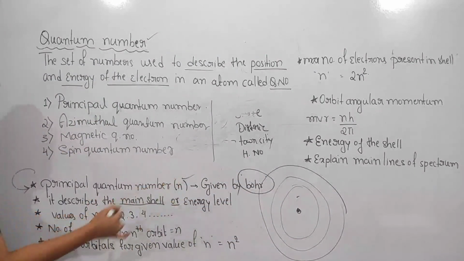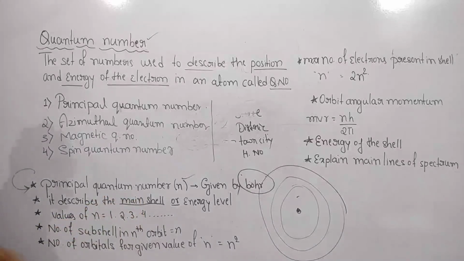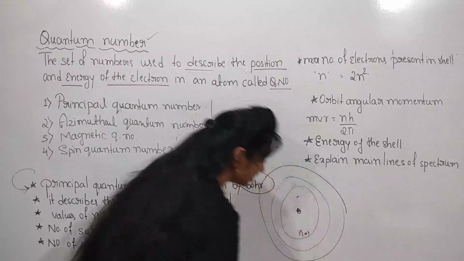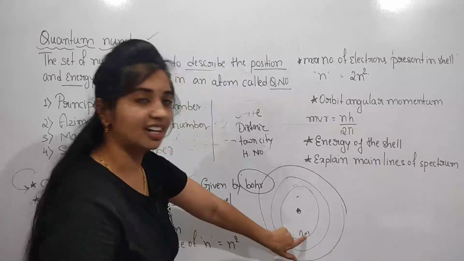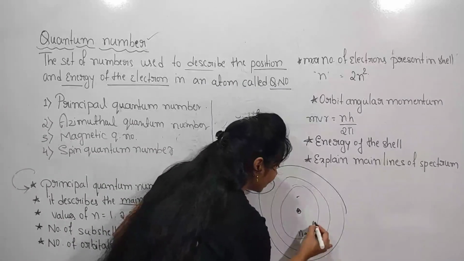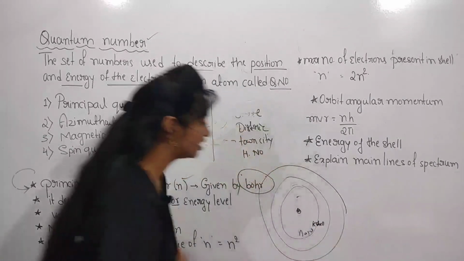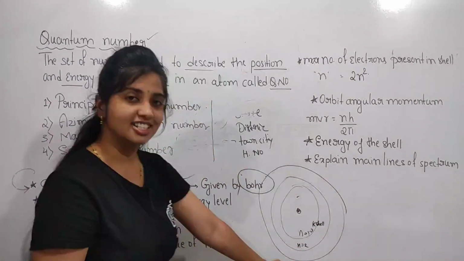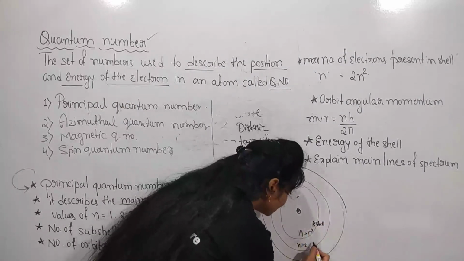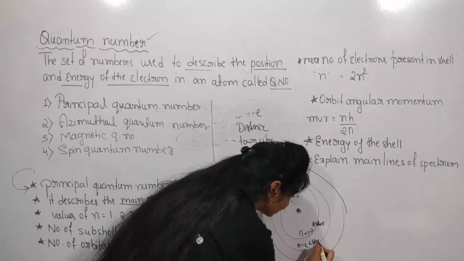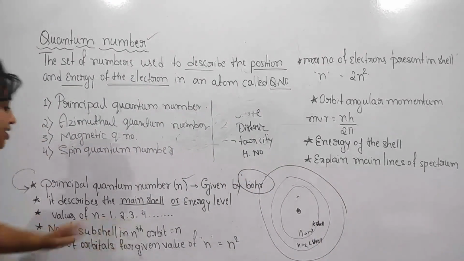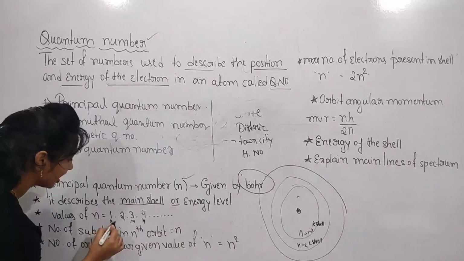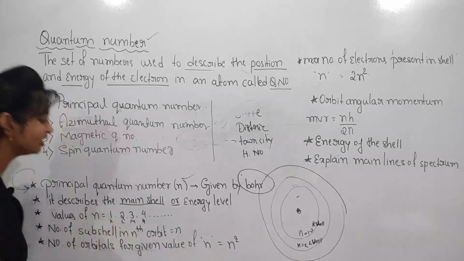So these are whole integral values like 1, 2, 3, 4, and these are represented as follows. If n is equal to 1, this main shell is denoted as K shell. If n is equal to 2, then the main shell is denoted as L shell. Like this, if n is equal to 3, M shell. Next, N shell. K shell, L shell, M shell and N shell.